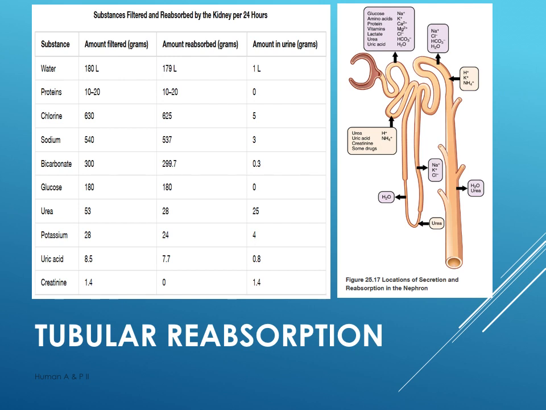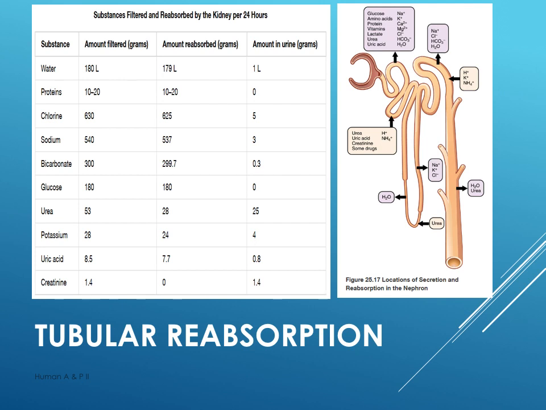Okay, and so where does this happen? Well, most of this happens in the proximal convoluted tubule, particularly glucose and amino acids; we want to get those back right away. Here, the purple boxes show you reabsorption and where it happens. This is the proximal convoluted tubule.